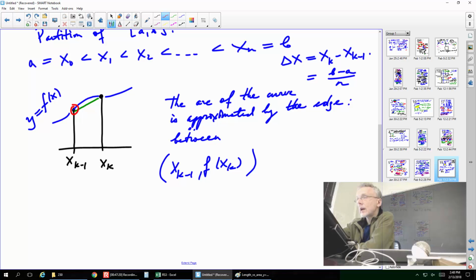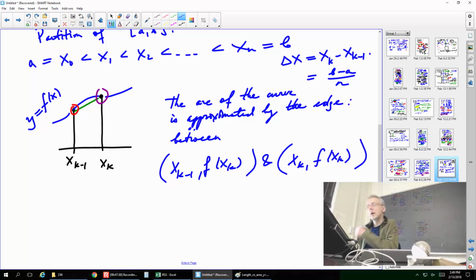And then the second point is that one, and it is simply xk, f of xk. So these are the two points. They are connected by the edge, so I now apply directly my distance formula.